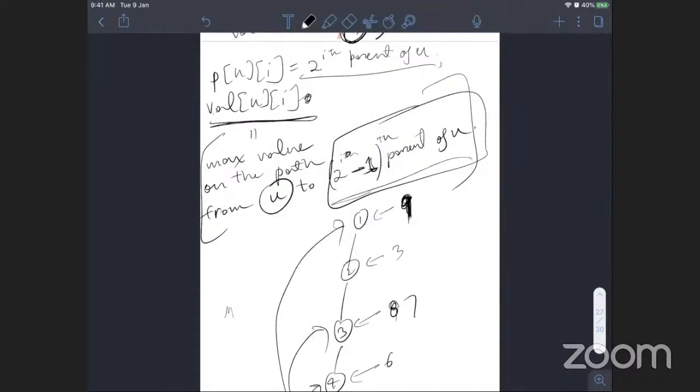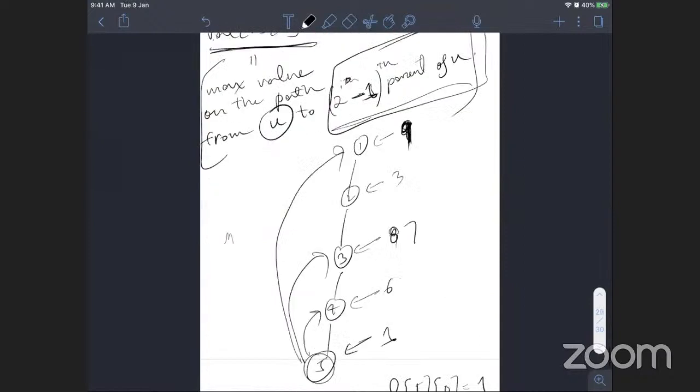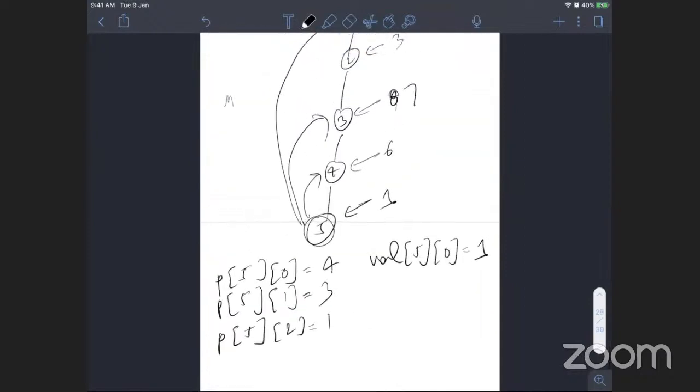On this path, what's the maximum value? So val[5][0] will be this guy's own value, because from 5 to 4, I'm technically talking about 5 to 5. Now, what will val[5][1] be? Can anyone tell me? 6, correct. Because from 5 to 3, but I'm excluding 3. I'm only talking about the one step before. And what's the max value? So that's 6. What will val[5][2] be?